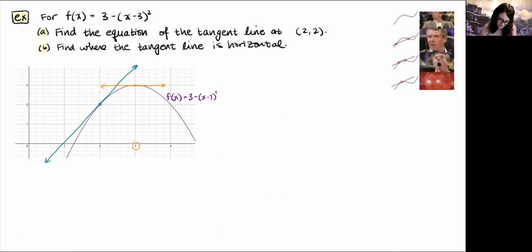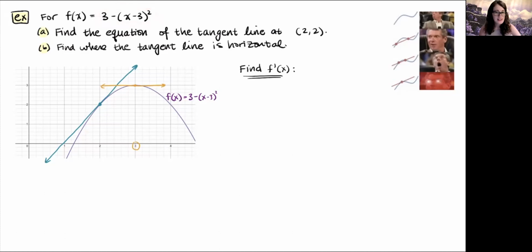So for both of these, we're going to need to find the derivative. So let's find f prime of x. The first thing we want to notice is that in our function here, we don't know how to differentiate something that looks like that.